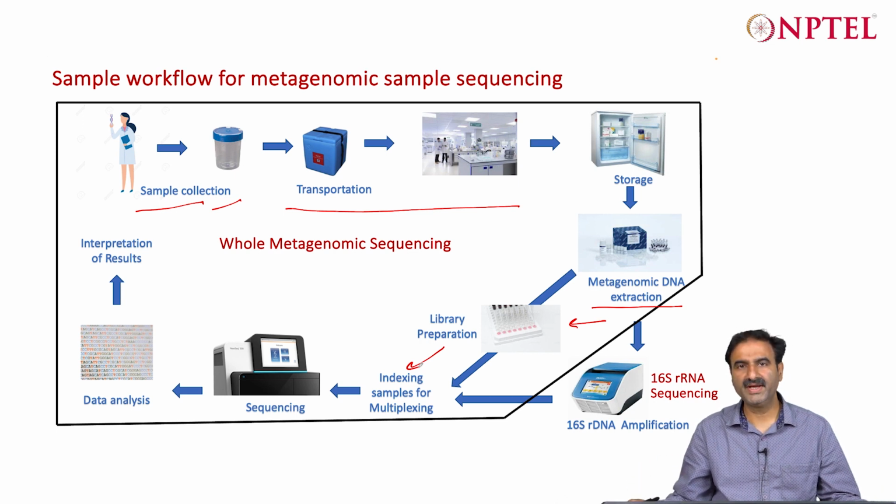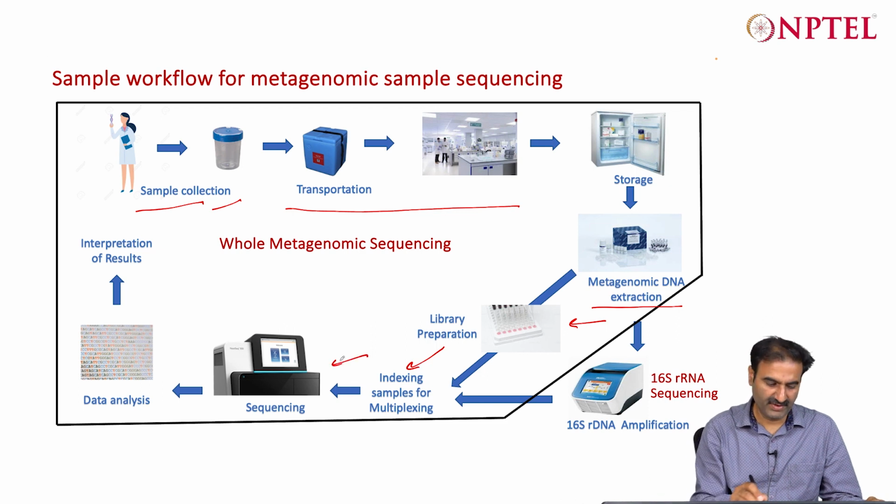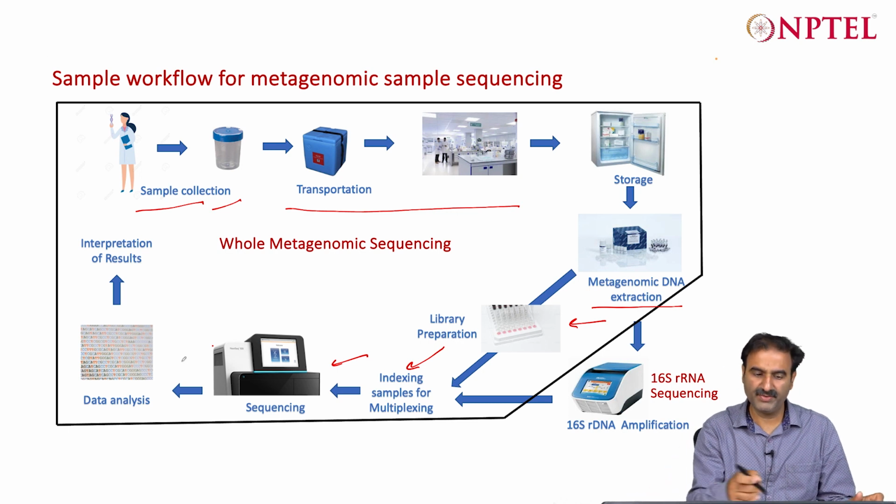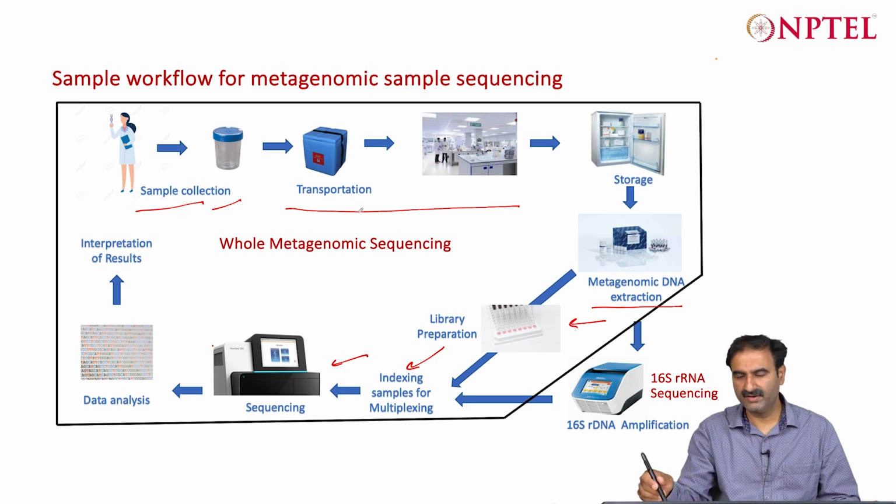For that you may require multiplexing, then sequencing, and whatever data comes goes for data analysis. This is a typical workflow, and right now I am telling about the metagenome. Similarly for a genome, you take the sample, store it, extract the DNA, and then go for library preparation and sequencing.